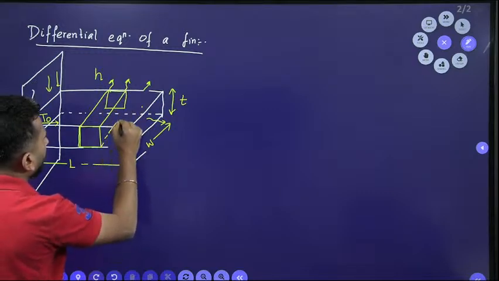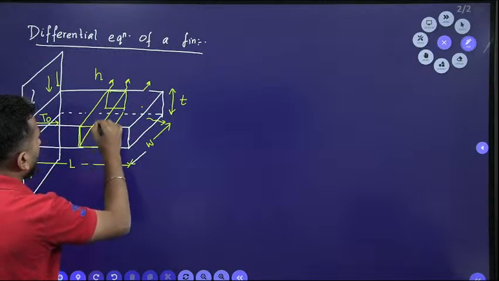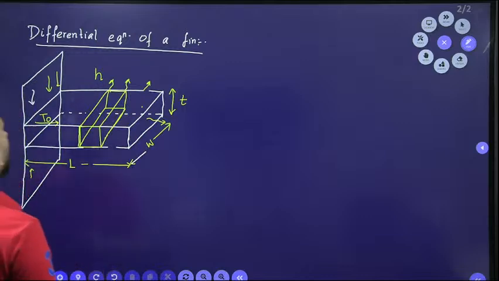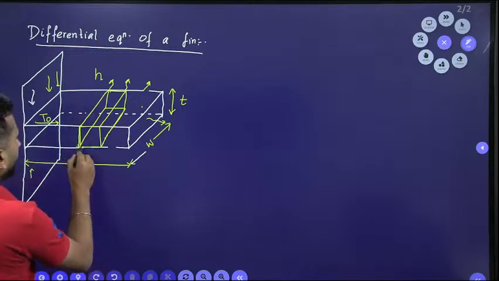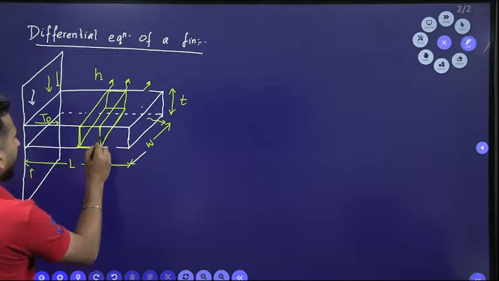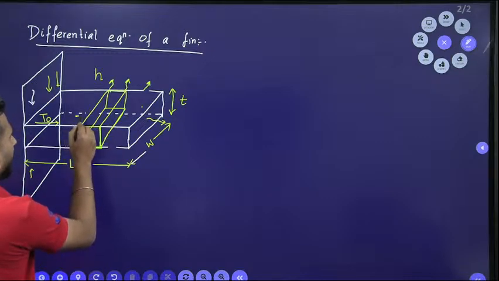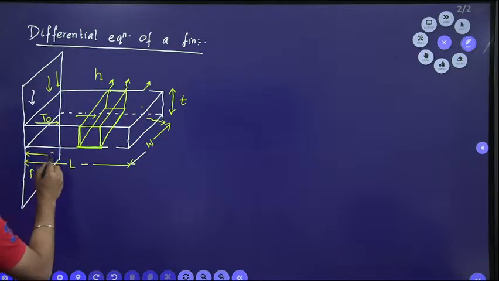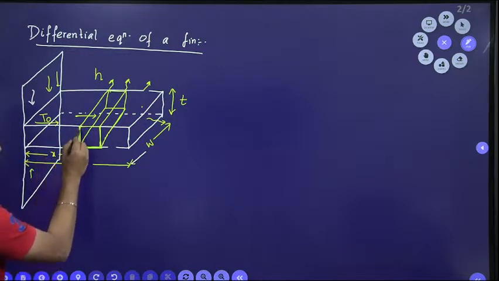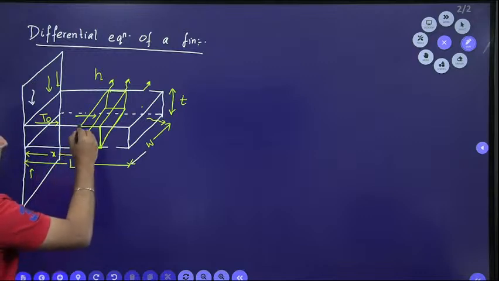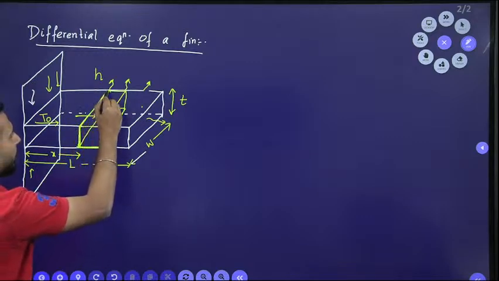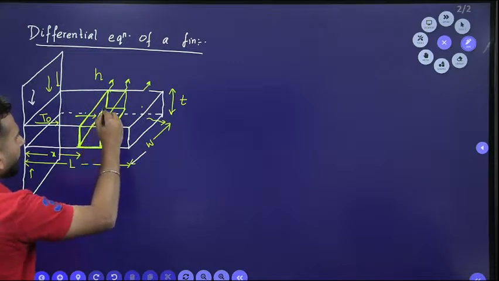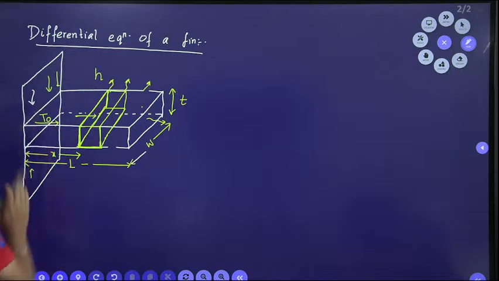I am trying to analyze this portion of the fin. So what is actually happening here? Assume that this face is at a distance of x from the base.